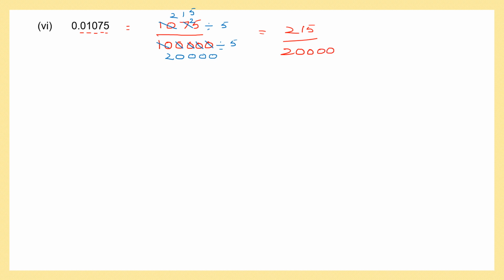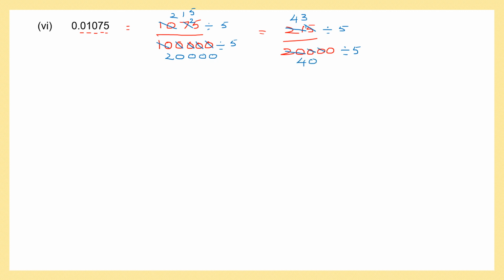Okay, let's divide both again by 5. 5 fours are 20. There's one left there, so it's 15. 5 threes are 15. 43. Let's check the denominator. 5 fours are 20.